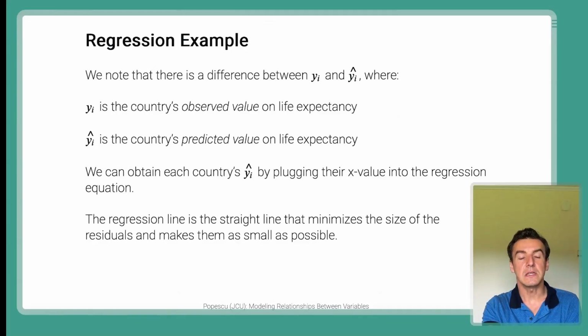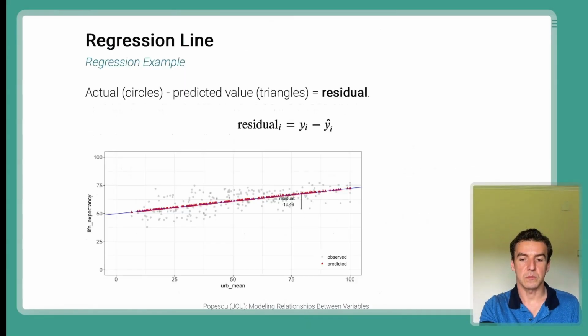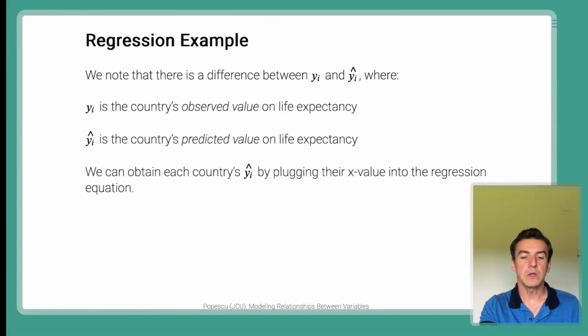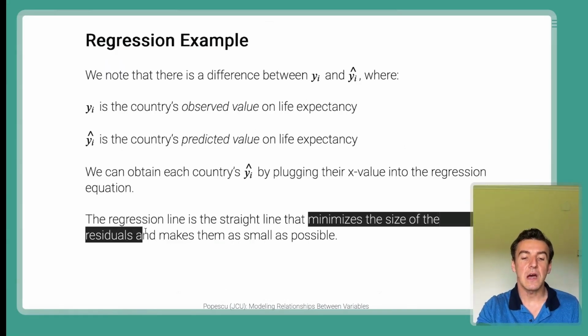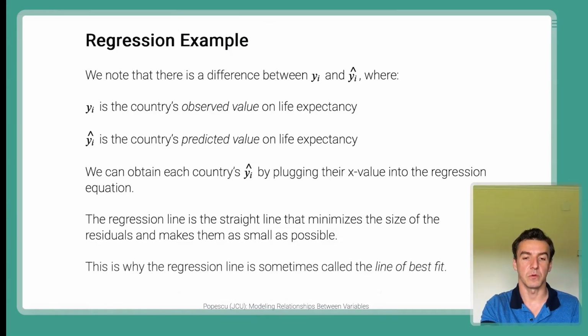So fundamentally, the regression line, the blue line that we just observed here, is really the type of line that minimizes the size of these residuals, right? So this regression line tries to minimize these errors. It tries to make them as small as possible. So this is why sometimes the regression line is also called the line of best fit.